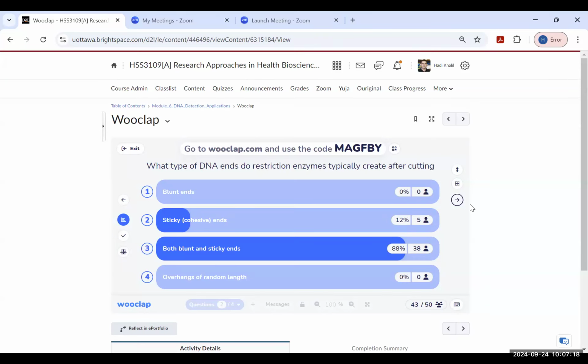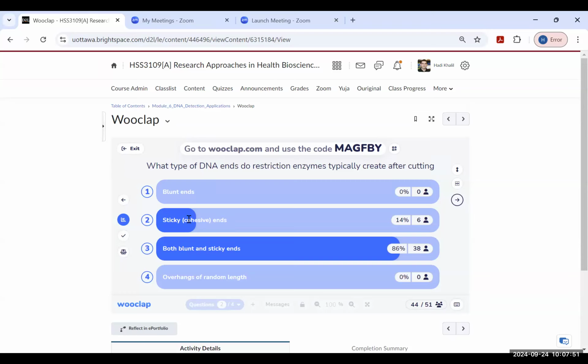In principle, there's no rule that a restriction enzyme would cut more blunt or cohesive. We discussed that it's based on the sequence. It could be blunt, it could be cohesive. So it's based on the enzyme itself. When I say restriction enzymes, this means the majority of the restriction enzymes that we know, and this means both blunt and sticky ends.